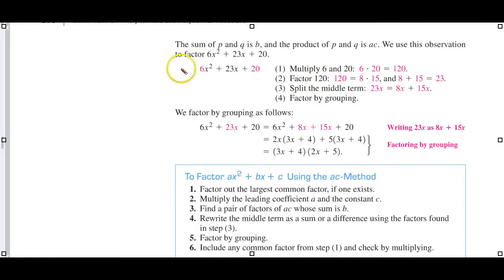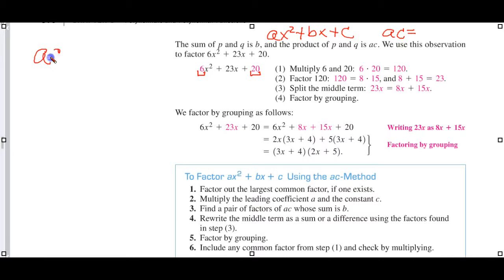It wouldn't hurt to watch someone else do it. But once again, we have ax squared plus bx plus c. And in the AC method, we're going to multiply the A term, which is a 6, by the C term, which is a 20.